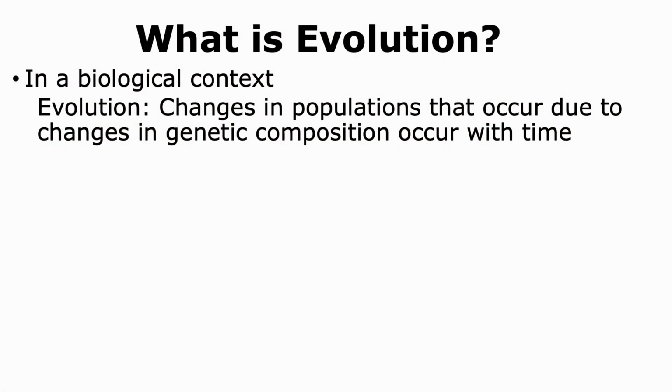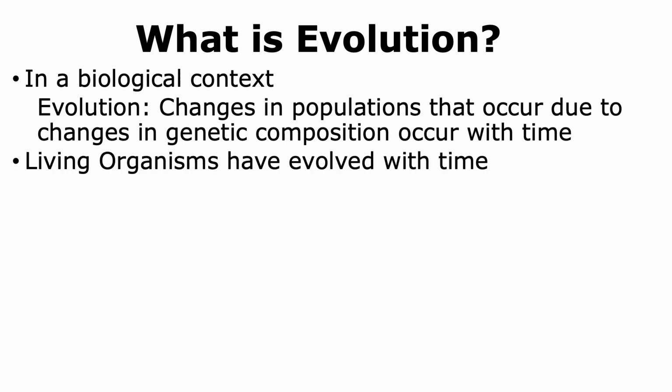In a biological context, evolution can be defined as the changes that occur in different populations of living organisms due to a variety of changes that happen in their genetic composition over a period of time. We have ample evidence to show that living organisms have changed or evolved with time.